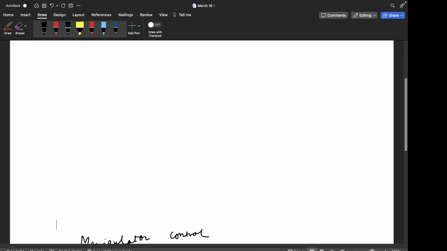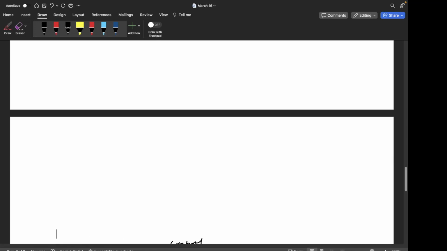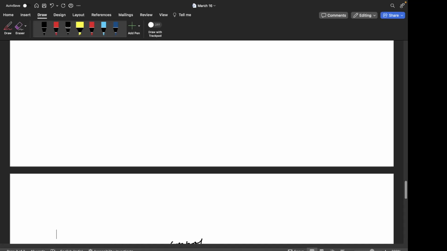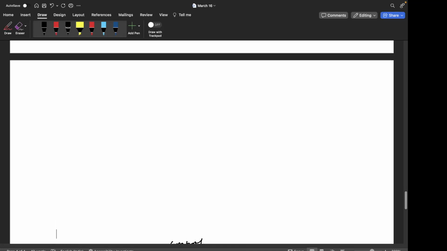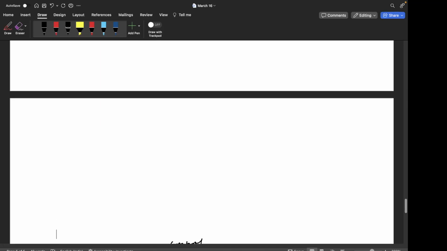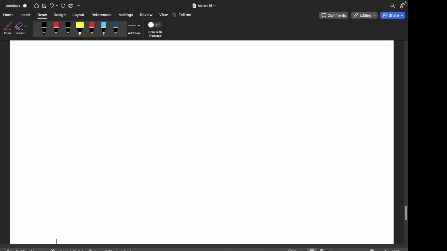Oh, let me add a few pages in here. So examples of control systems are everywhere around us, like a water heater, right? A water heater which you switch on and it automatically cuts off after it reaches a certain temperature. That's a control system in action.